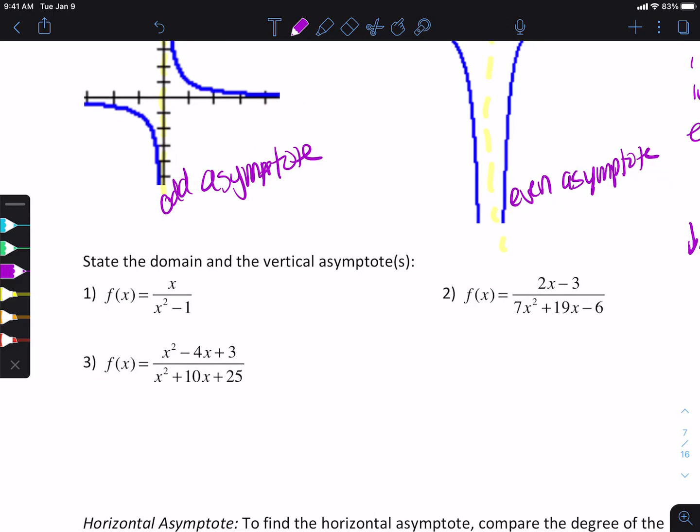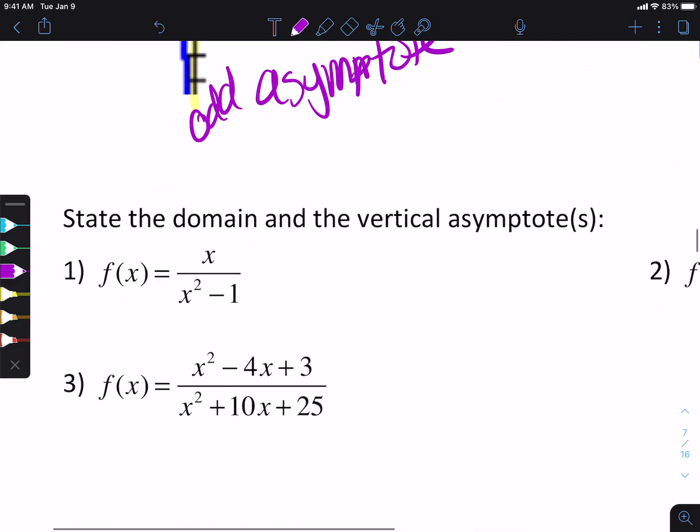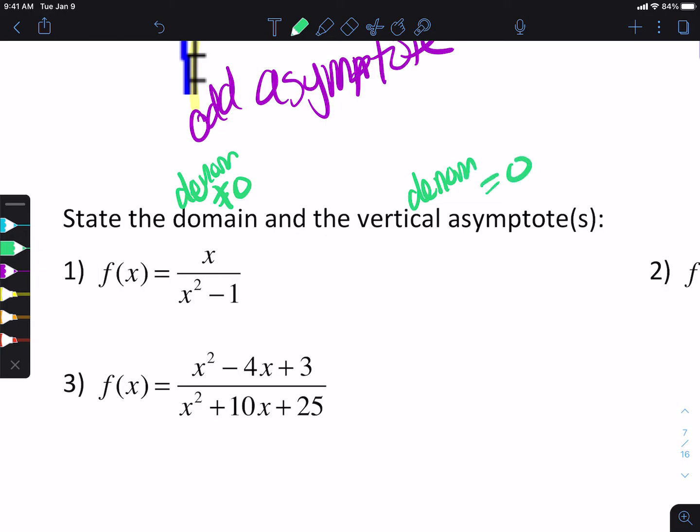Okay? So if we want to look at our first example, we're stating the domain and the vertical asymptote. So these both come from, this one you set the denominator not equal to 0. This one you set the denominator equal to 0, and you solve. So typically I usually set it equal to 0 and then find the vertical asymptotes, and then I negate it for the domain.